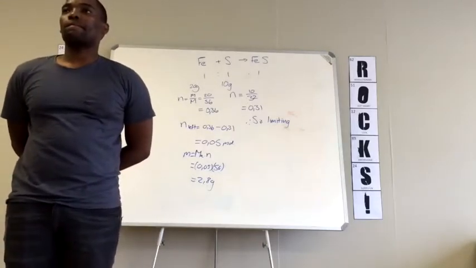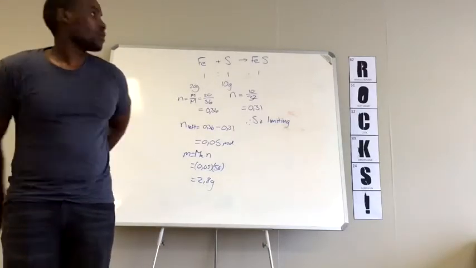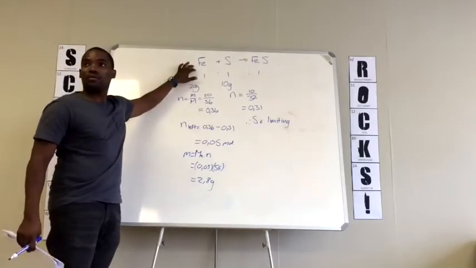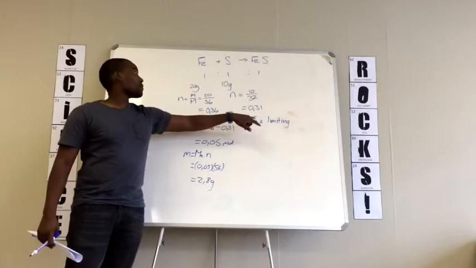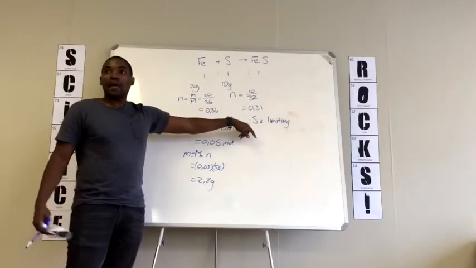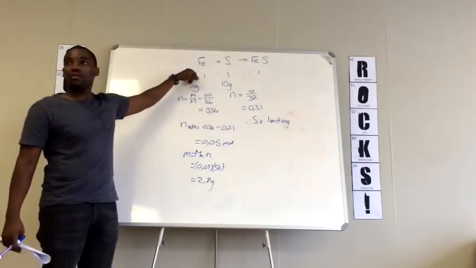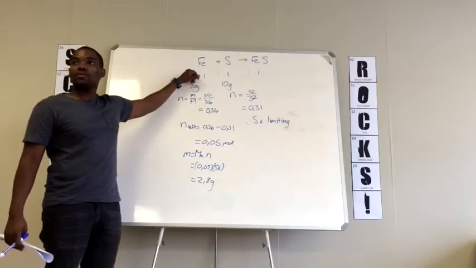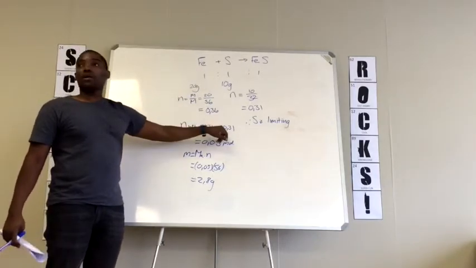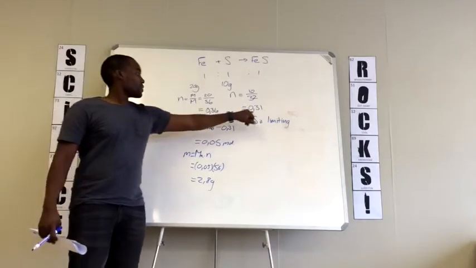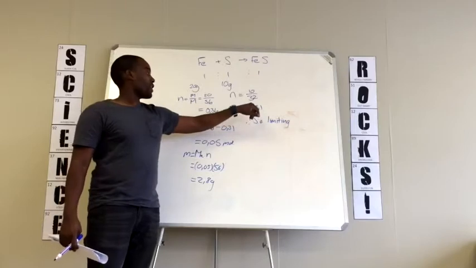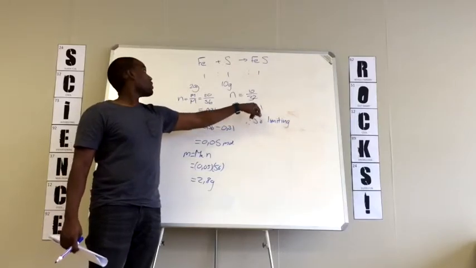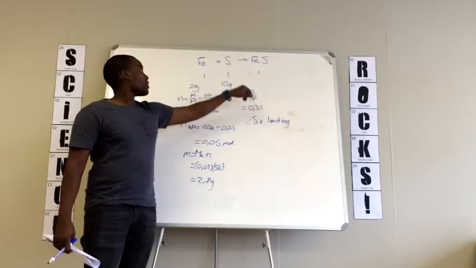This is the other substance. Remember they first asked about which one is limiting? That's my sulfur. Meaning my other substance is going to be my iron. The 0.31, because this is how much I can react as the limiting one. So using my mole ratio, if I react 0.31 moles of sulfur, it's a 1-to-1 ratio.